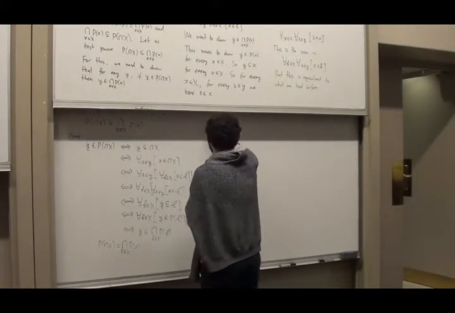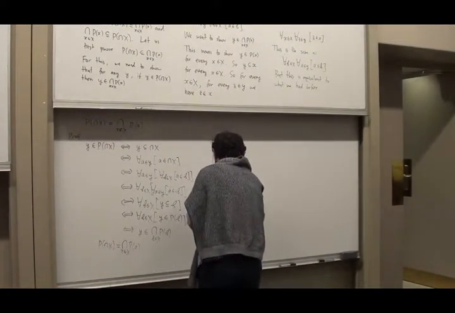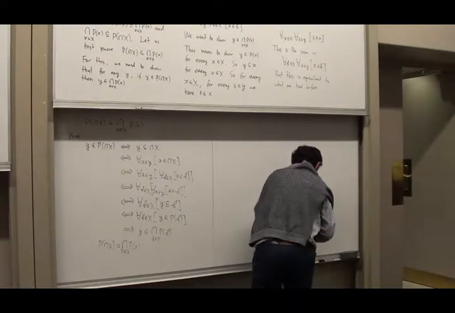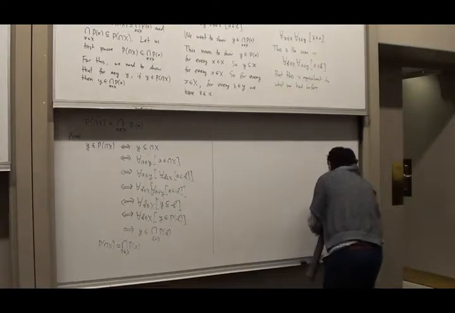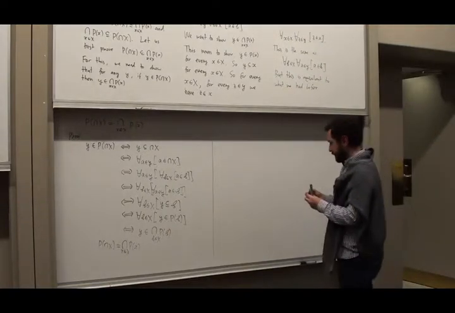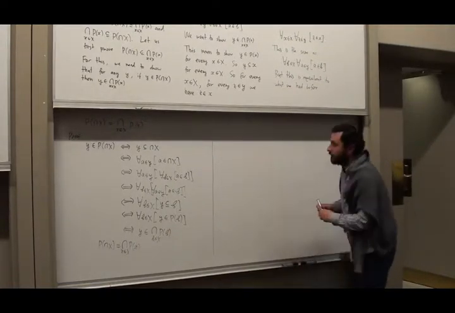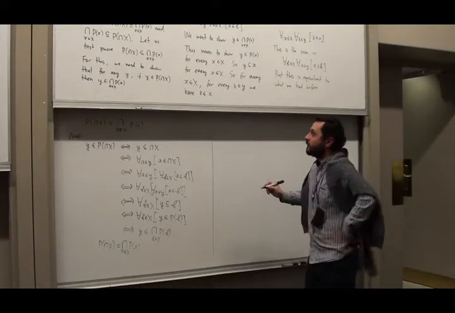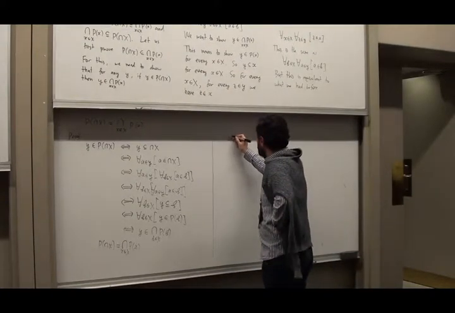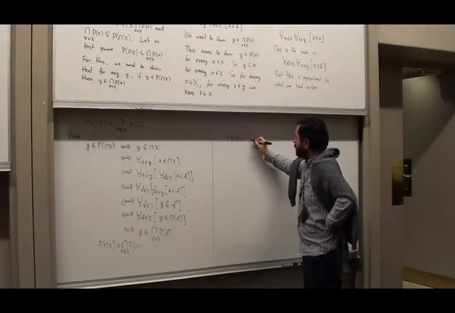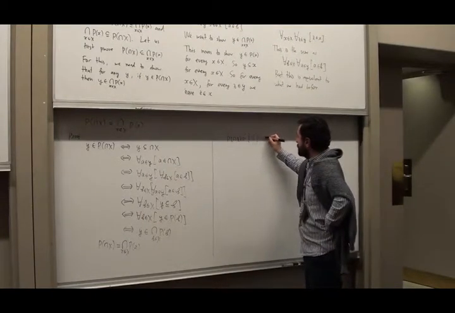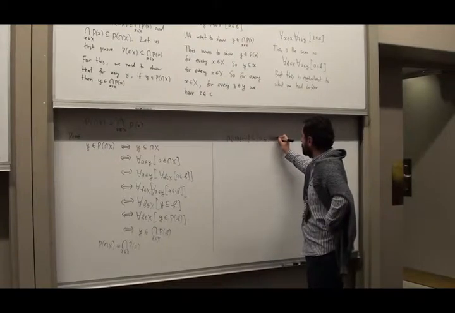Here is a typical proof. All of these are equally not good. Okay, so here's a typical proof. Power set of intersection of x equals the set of all s's that are subsets of the intersection of x.